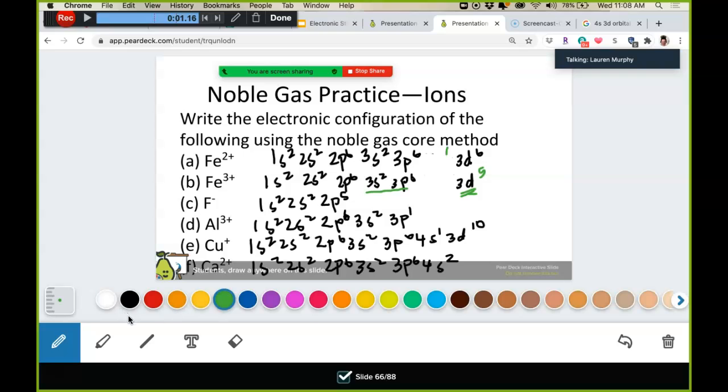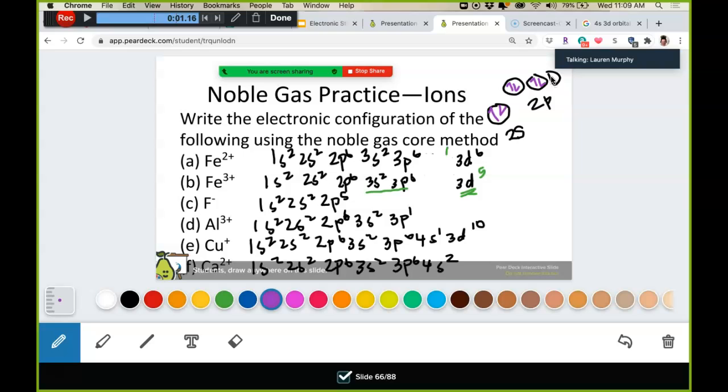Okay, how about F-? I'm going to just draw the orbitals. I know the bell will ring, please just bear with me. This is 2s, and this is 2p, and it looks like this.